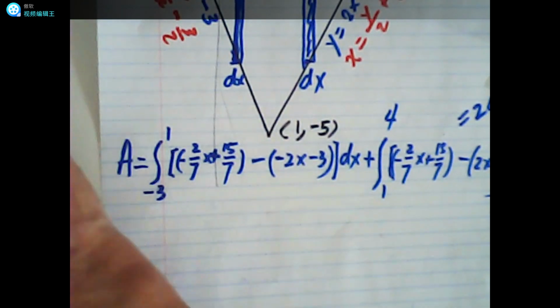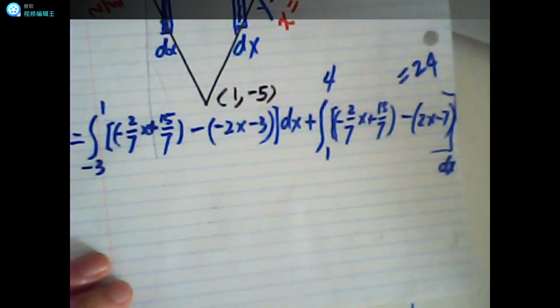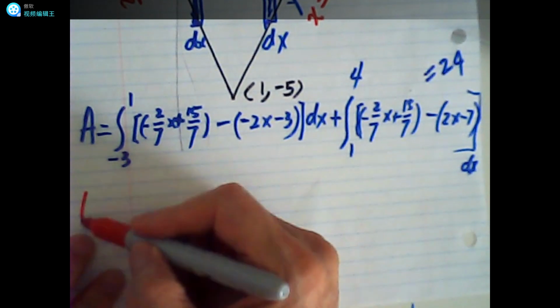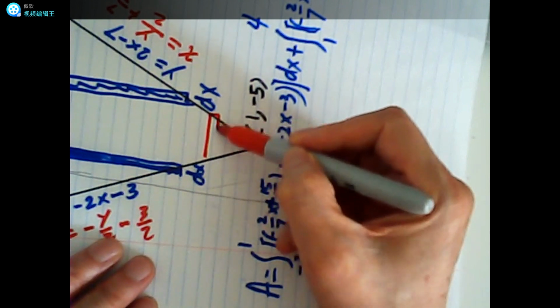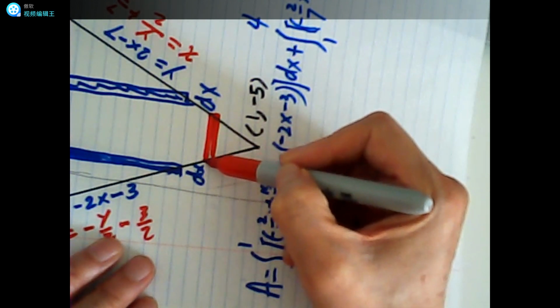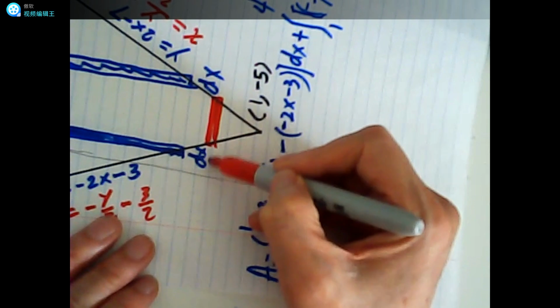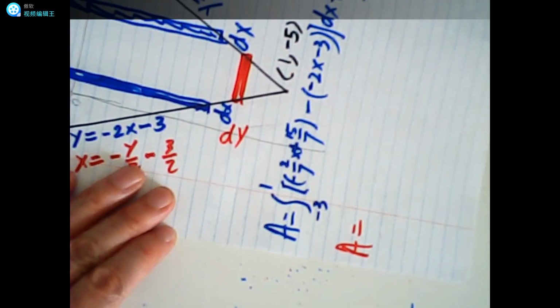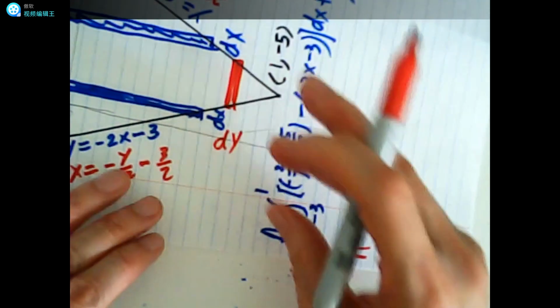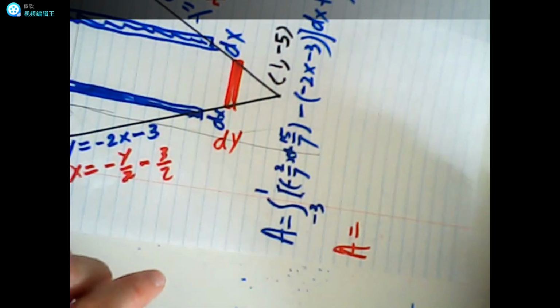Now, if we do the slices differently, like this, the width is dy. So we choose y as an independent variable, and we integrate with respect to y.